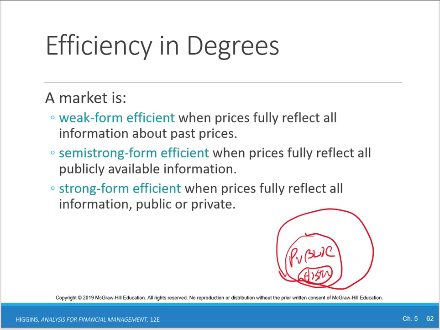The strong form efficiency basically has been shown that it is not efficient at all, that there are individuals that have inside information. And of course, if you have inside information, you should be able to make money from that. So that means prices don't reflect all the information that we know.